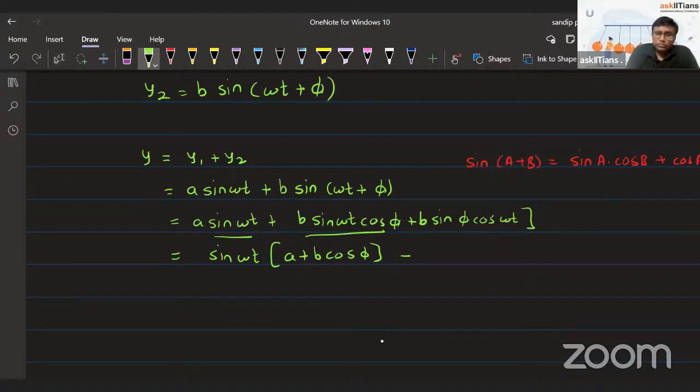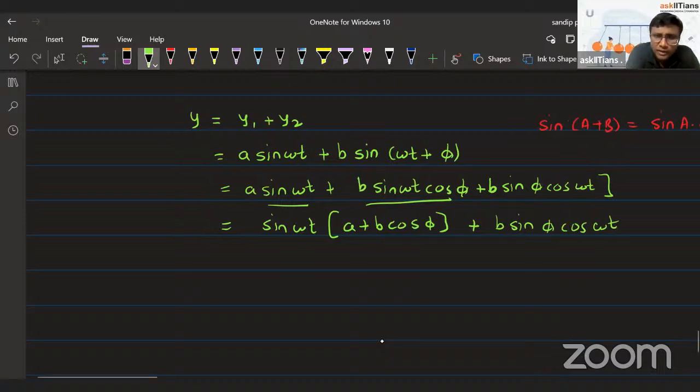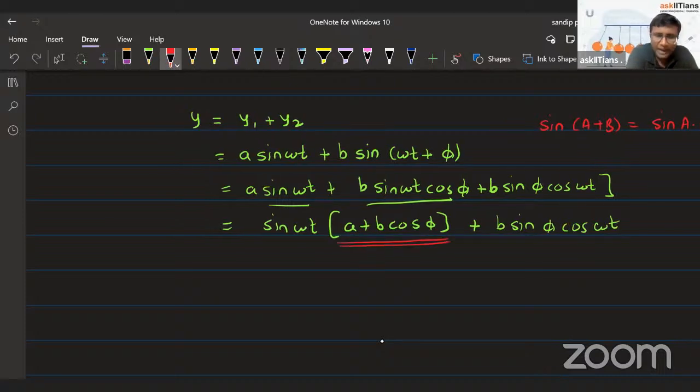So another one you can say is, here, b sine phi and cos omega t. Now what I'm going to do, this one bracket I can say, and this another bracket.